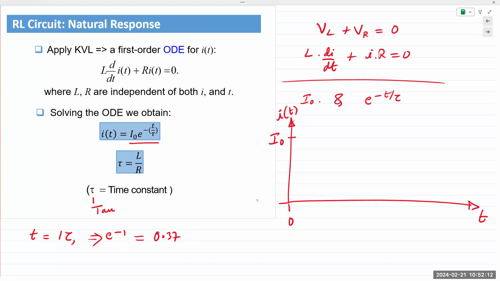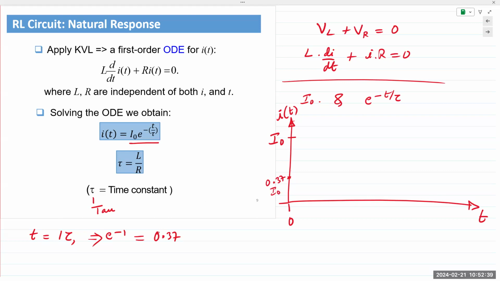Because it's multiplied with I0. So 0.37 times I0 after 1 tau would be somewhere here. Let's call this about 60% approximately. So 0.37, 1/3 and just above 1/3, maybe about here. So this would be 0.37 times I0.